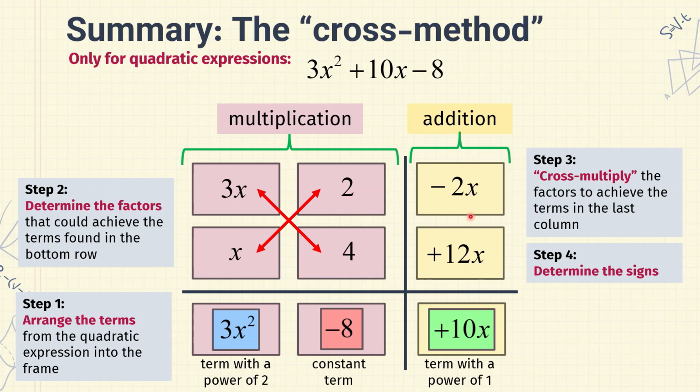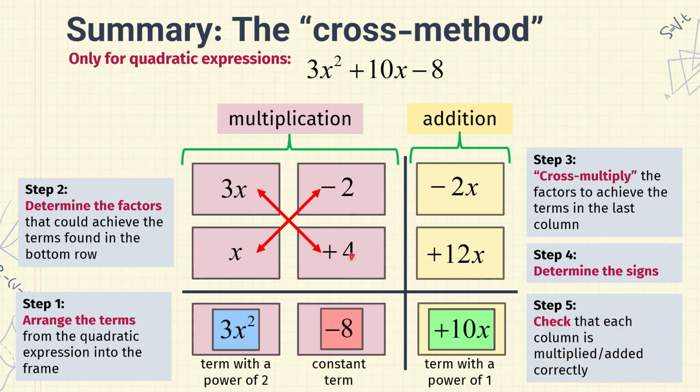So this is where my addition actually works nicely to give us a plus 10x. That allows us to have the minus sign over here, and then the plus sign over here.